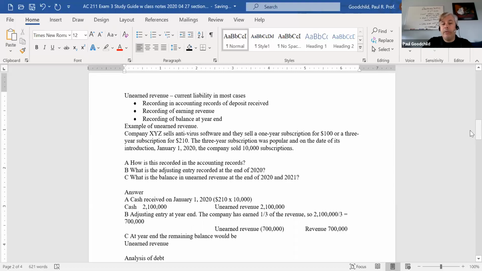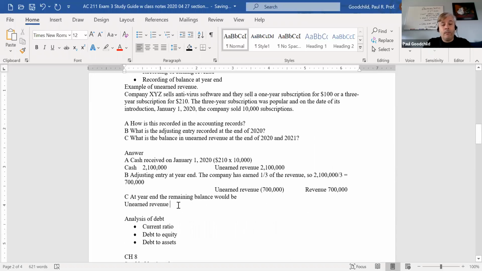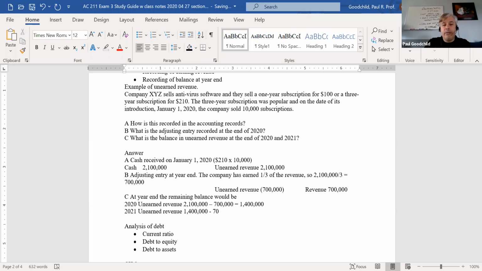I have to slide the screen up a little bit, forgive me. 2.1 million minus the 700,000. So this would be 2020. And so we'd have 1.4 million, and 2021 unearned revenue 1.4 million minus the 700,000 equals 700,000.